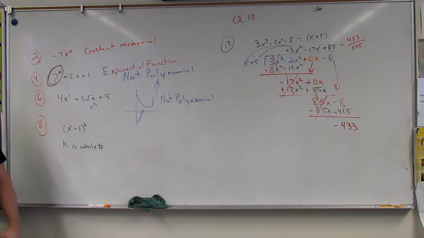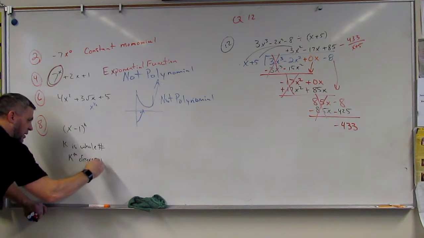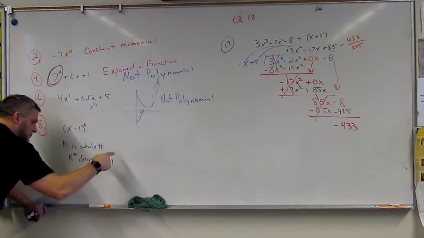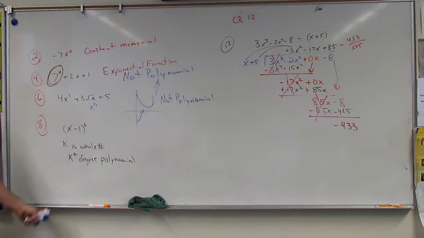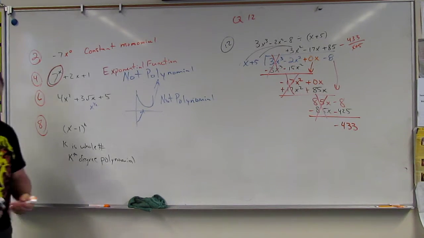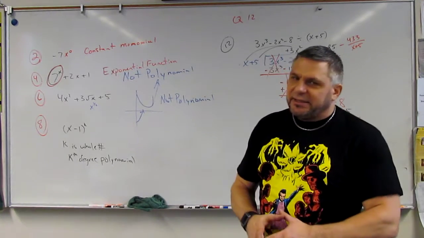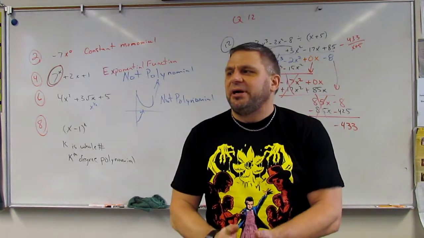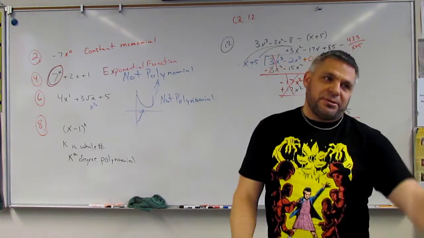So basically, it's a kth degree polynomial. Okay? So it depends on what k is. As long as k is a whole number, we're good to go. And it said k is a constant whole number. So whatever k is, because it's a constant whole number, it's a polynomial of that k value.